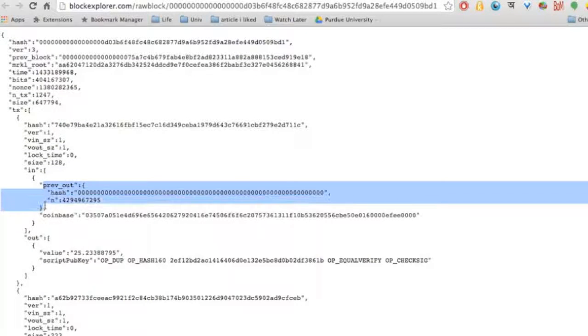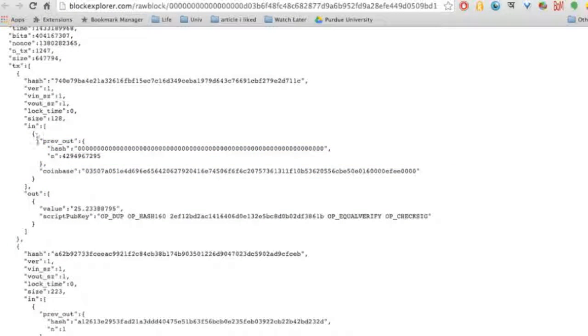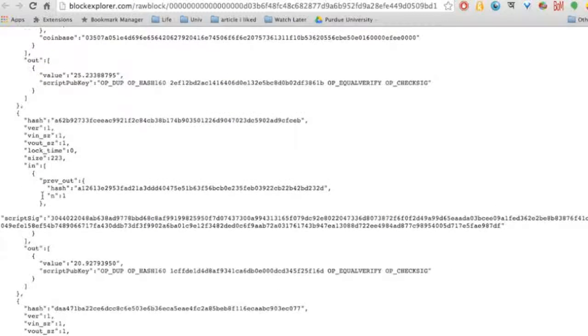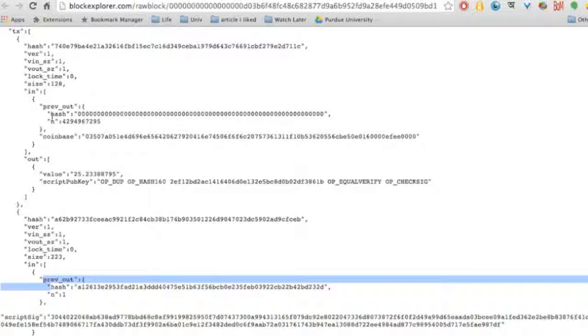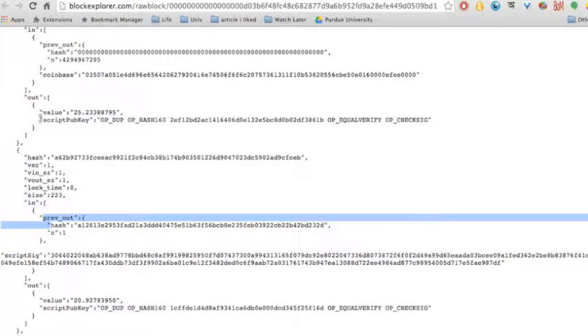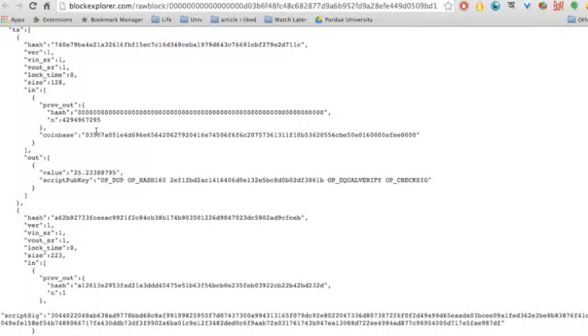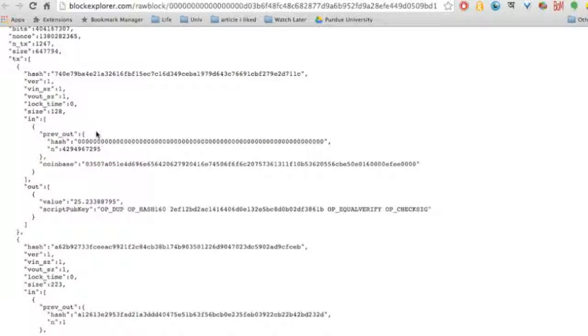Definitely I will talk in detail about how these script SIG and script pubkey basically work, and what each of the constants means. So today I will finish it here.